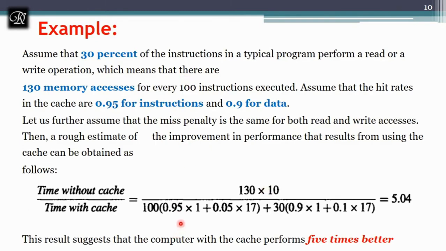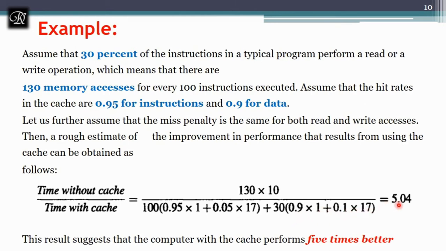Out of 100 instructions, we have 0.95 in the cache, plus the remaining 0.05, times 17, where 17 is the interleaved clock cycles. The remaining 30 out of 100 will be data operands, taking 0.9 × 1 for the cache, plus the remaining 0.1 × 17 clock cycles.